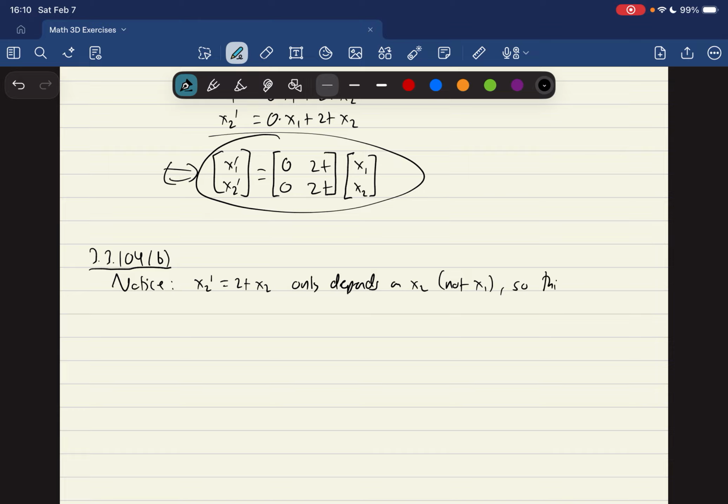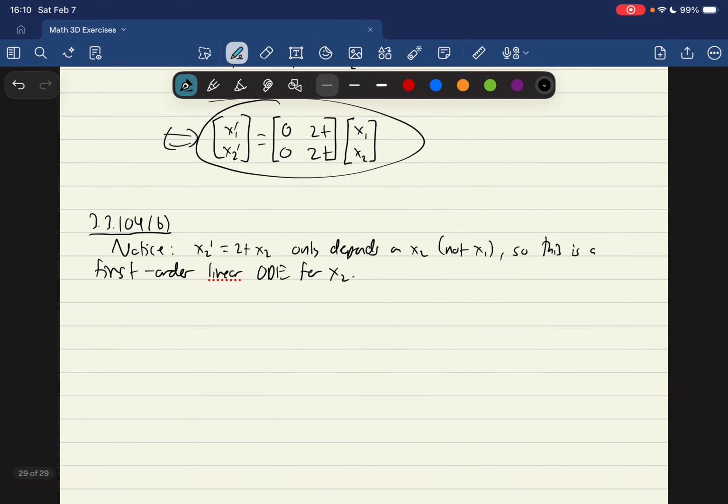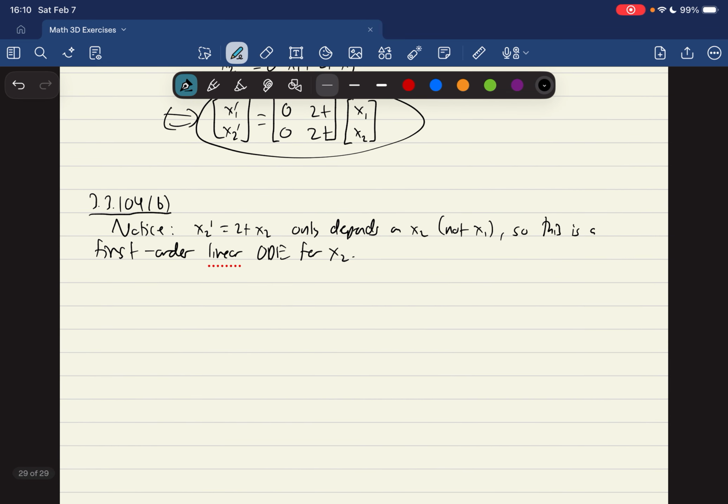So this is a first order linear ODE for x2, and we know how to solve these. Alternatively, we can also recognize this as a separable equation. Either one is fine. So let me add that in as a remark.